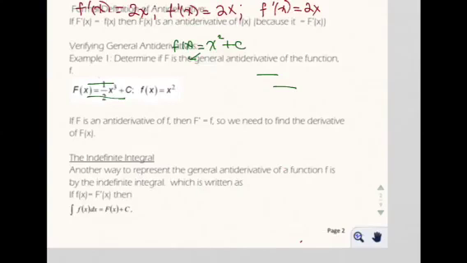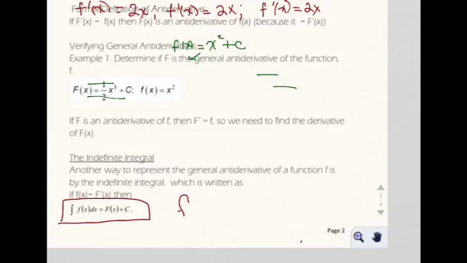So another way to represent the general antiderivative is by using what's called the indefinite integral. And this is where I start to generally lose people. So if little f of x is the derivative of big F of x, then, and actually listen to how I read this, this says the antiderivative of little f of x with respect to x is equal to capital F of x plus c.